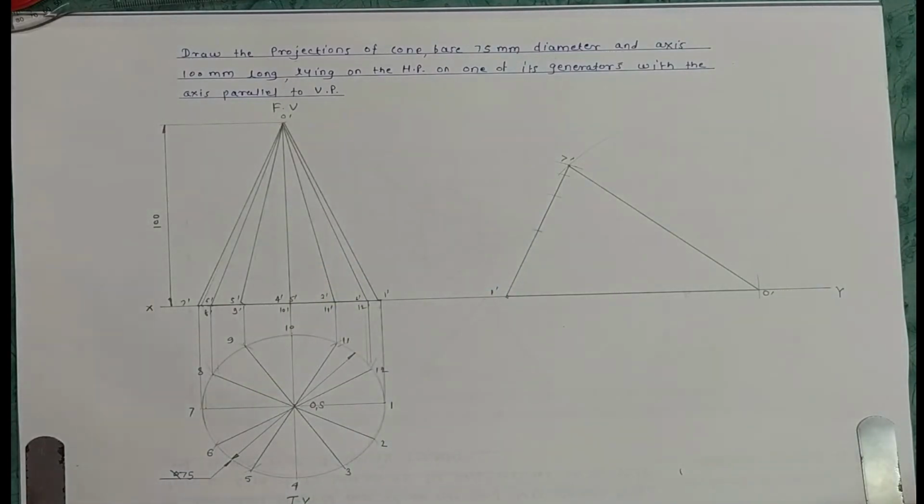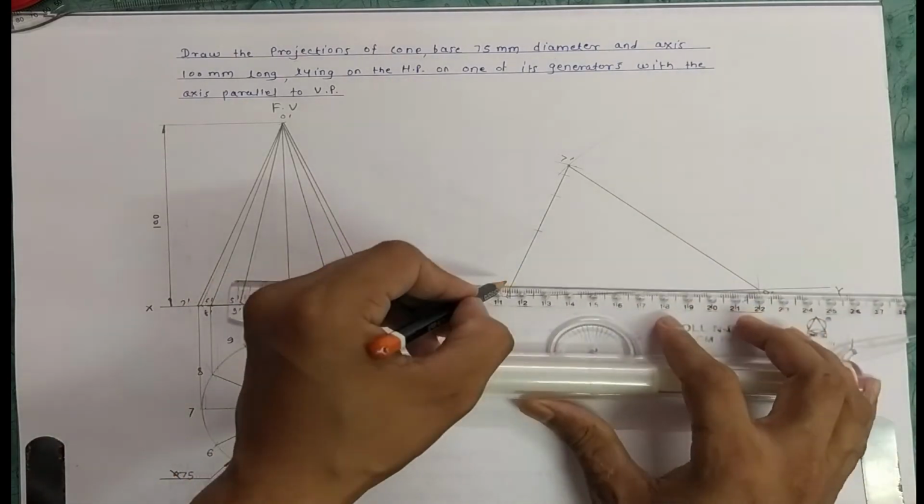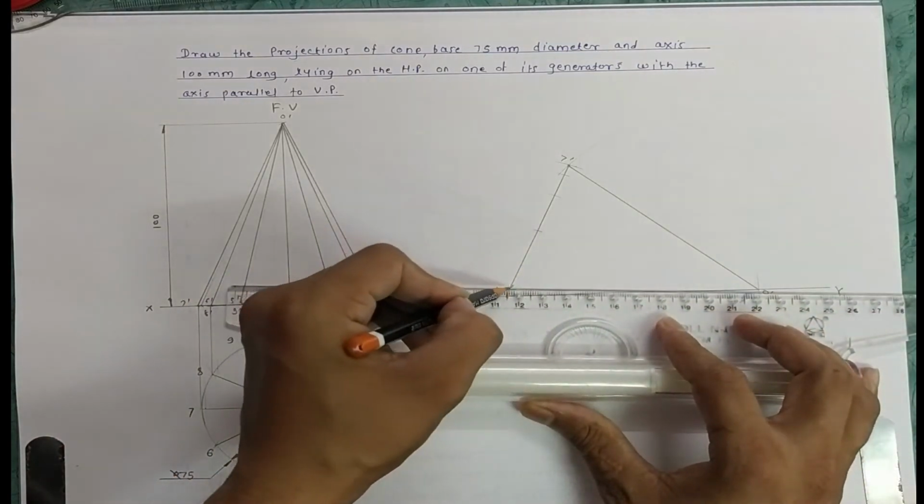And it is joined by lines. You get the generators of the cone.